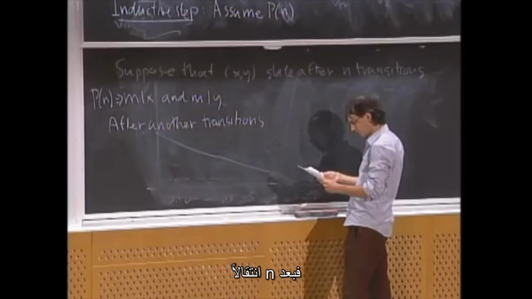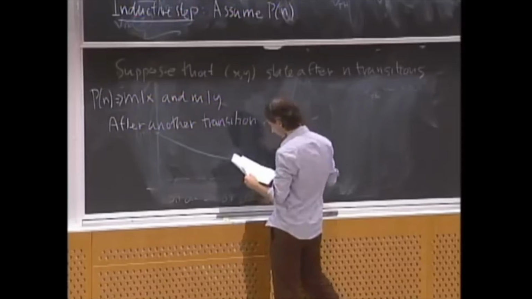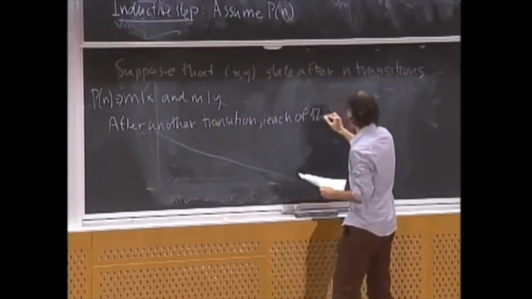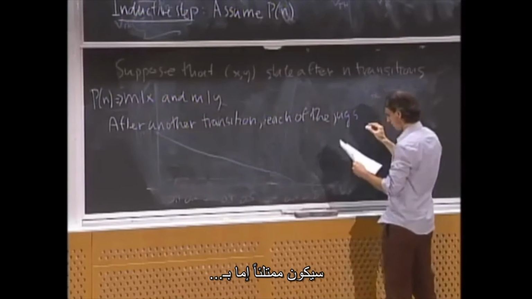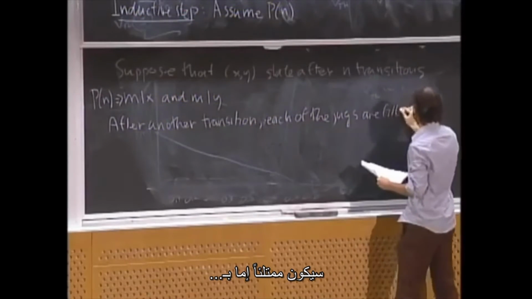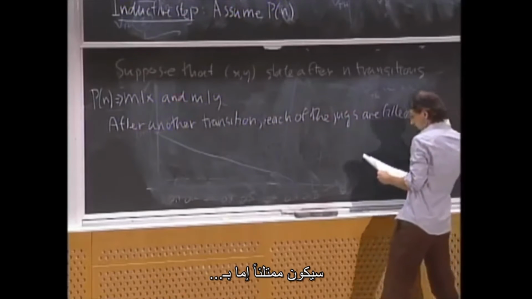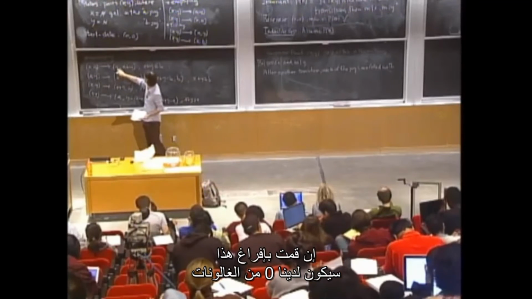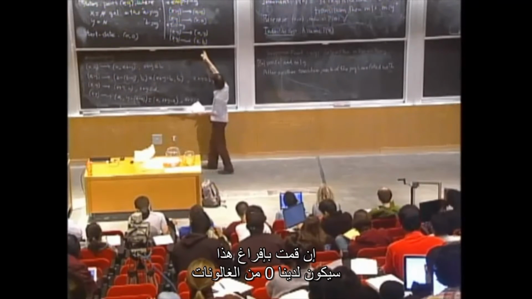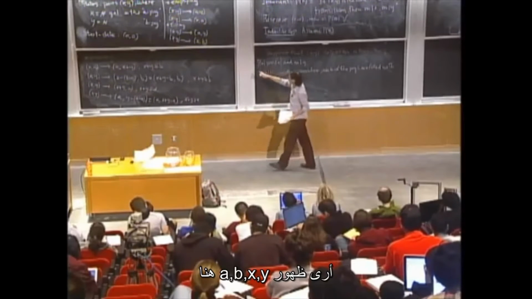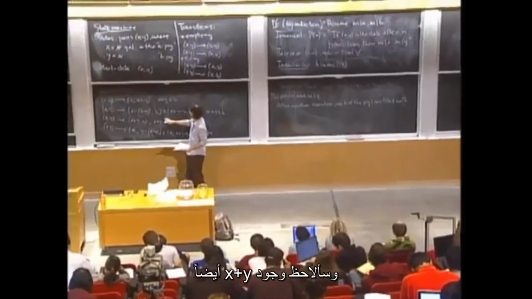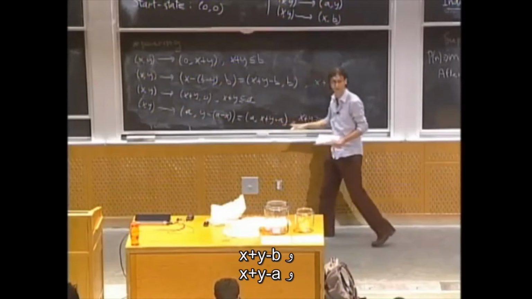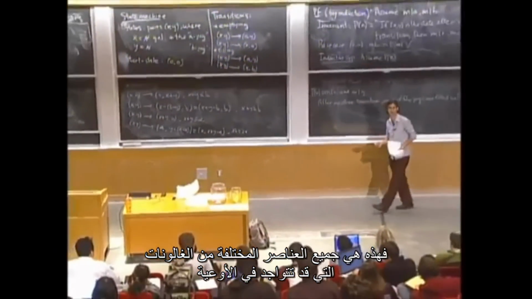After another transition, each of the jugs is filled with either 0 gallons if I've emptied it, A, B, X, and Y, which I see appearing over here. And I also notice X plus Y, X plus Y minus B, and X plus Y minus A. Those are all the different number of gallons that can be in the jugs.